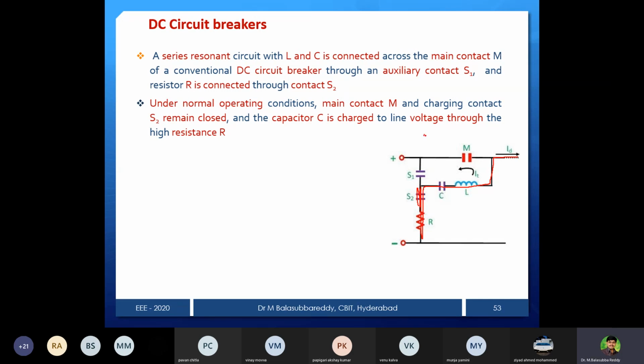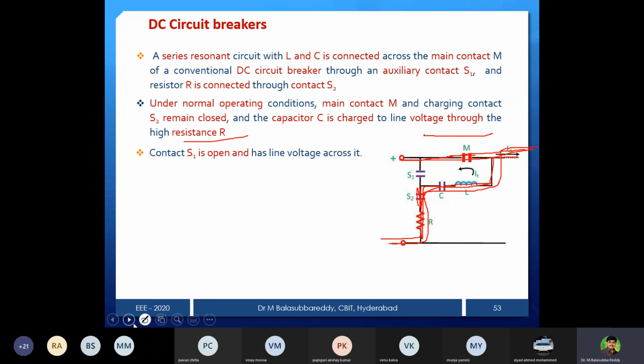The capacitor is charged to the voltage through the high resistance R, and because the main contact is also on initially, it is directly charged through the source. So this is the way it is going to be charged: R, S2, L and C. Contact S1 is open and has the line voltage across it.